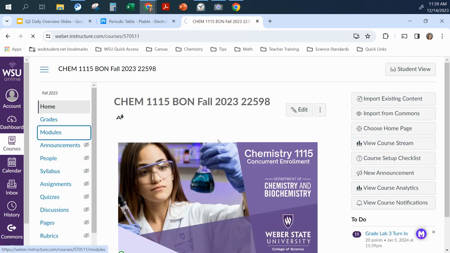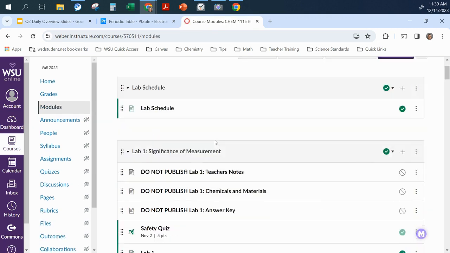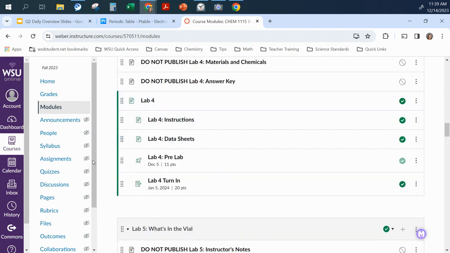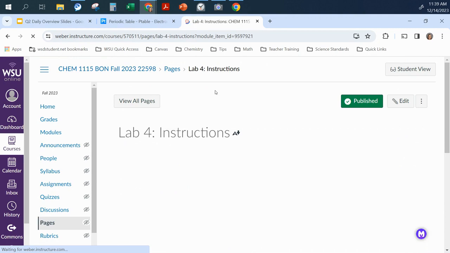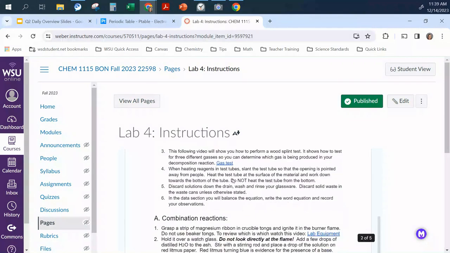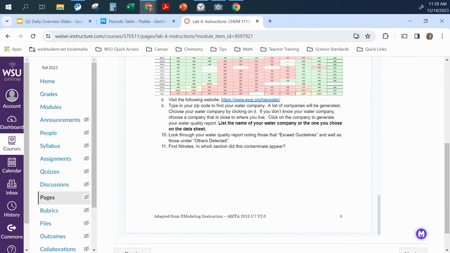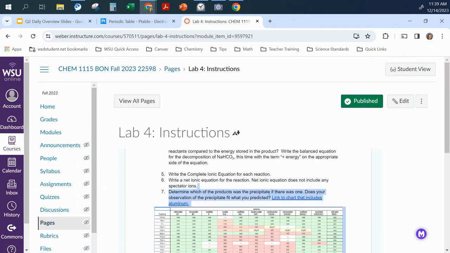This is lab 4. On the very last page of the instructions, you can go to this website.